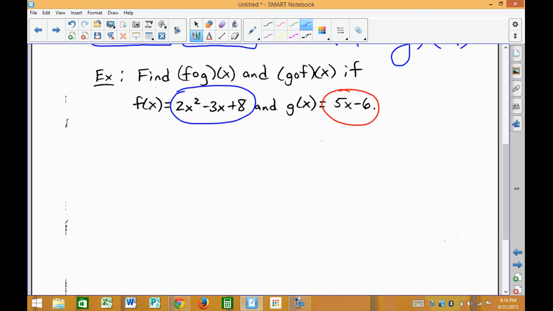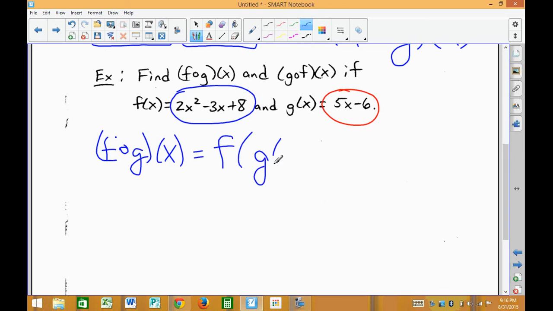So F of G of X is going to be F parenthesis G of X. We're just going to make a substitution. This is G of X, and I should have written G of X in red. So G of X, that's our function G of X in red, as you can see up here.